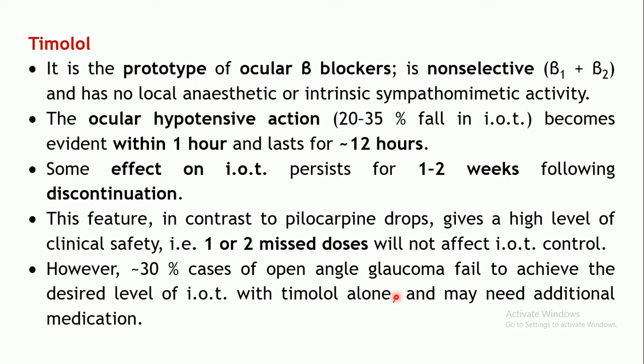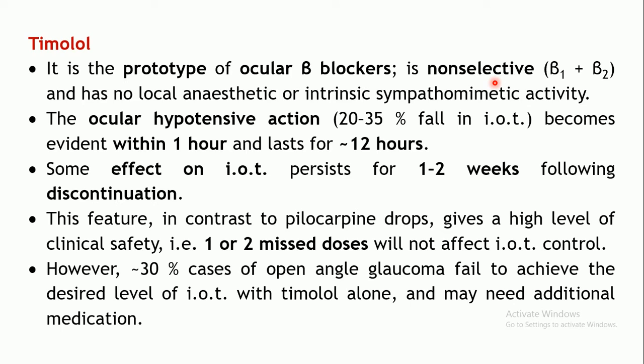So coming to the individual beta blockers which are used as ocular hypotensives, the first one is timolol. This is a prototype of the ocular beta blockers. It was the first of its kind which was tried in this particular situation. Timolol is a non-selective beta blocker, as we have seen in the classification of the beta blockers, that there are certain beta blockers which are non-selective and certain which are cardioselective, that is beta 1 selective.